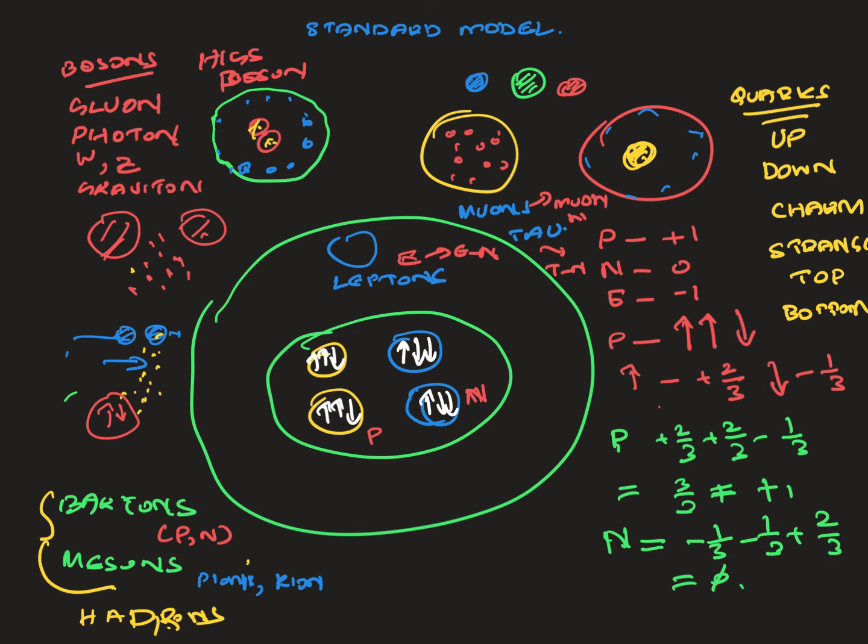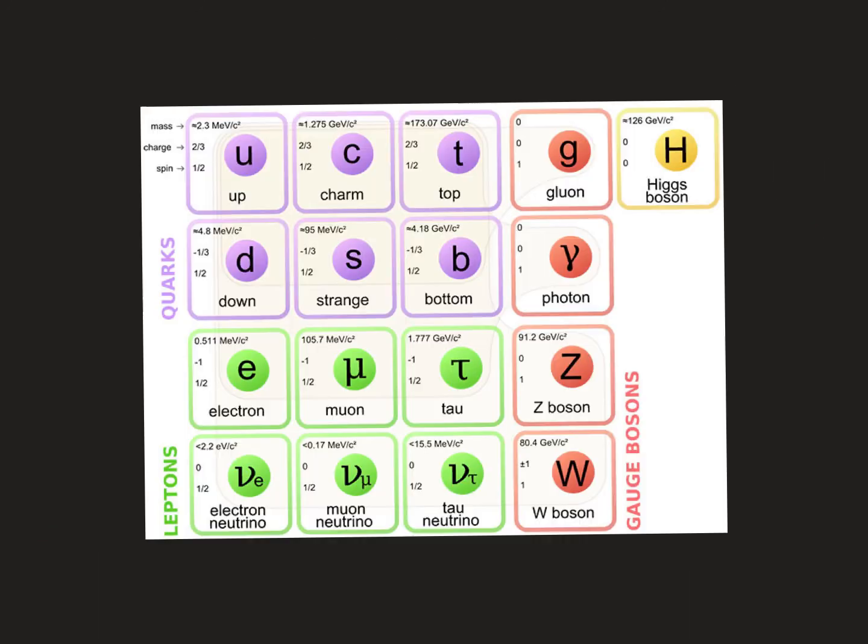So let's look at everything that we looked at in a proper chart. This chart shows everything that we discussed. So these up, charm, top, down, strange, bottom are the quarks, the fundamental particles that make the protons and neutrons, which are called baryons, and also the mesons.